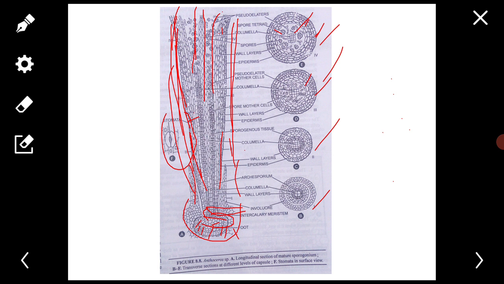The pseudo-elaters are 2 to 3 celled, elongated, branched or unbranched, and are sterile structures.